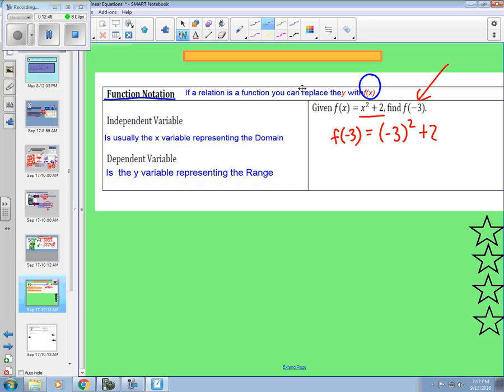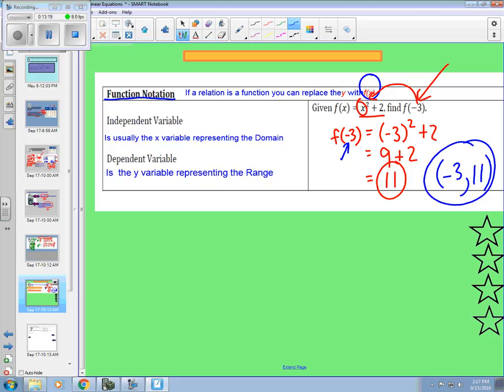So we're replacing this x with this number. Now we got to evaluate that. -3 squared, -3 times -3 is 9. If we add 2 to it, we get 11. That would be the solution to this problem. We don't have to do anything with this -3. That's just the notation. That's saying this function at -3 equals 11.